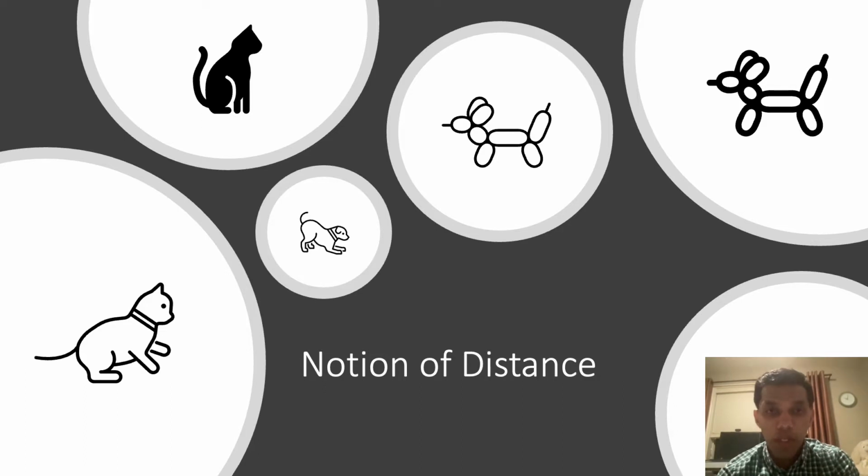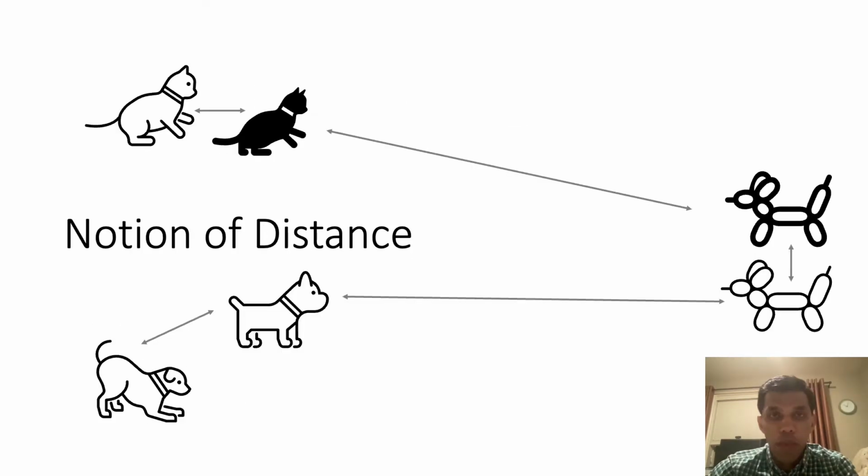So here we try to establish this notion of distances through some real-life objects and their relationship with other objects. To explain a little bit further, let us take some real-life examples of some cats, dogs, and toy balloons. So here you can see these two cats look a lot alike. So the distance between them is very minimal, like 0 maybe.